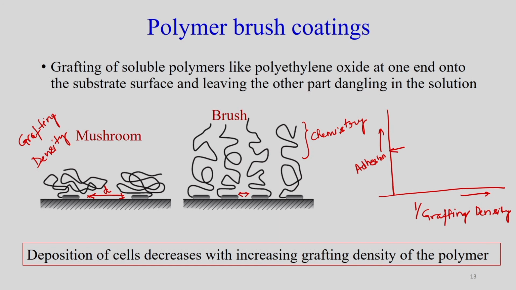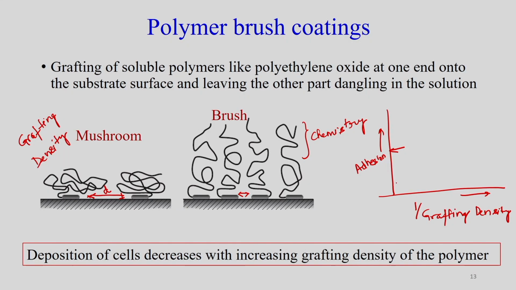So, this was the adhesion before the grafting. Now, if you go for the grafting, then we can minimize it as well as we can also improve the adhesion. So, it will look like this, and it will go like this. So, depending on the grafting density, you can tune the surface excess or the adhesion, or you can say the adsorption.